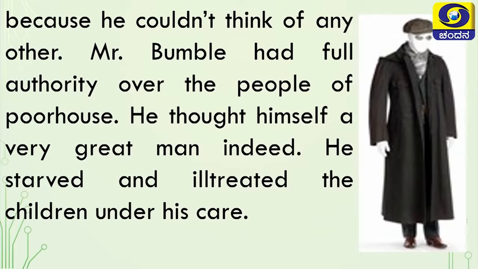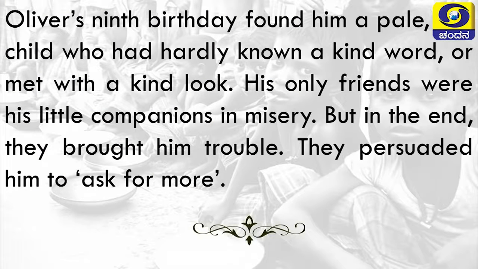He starved and ill-treated the children under his care. Oliver's 9th birthday found him a pale, thin child who had hardly known a kind word or met with a kind look. His only friends were his little companions in misery. But in the end, they brought him trouble. They persuaded him to ask for more.